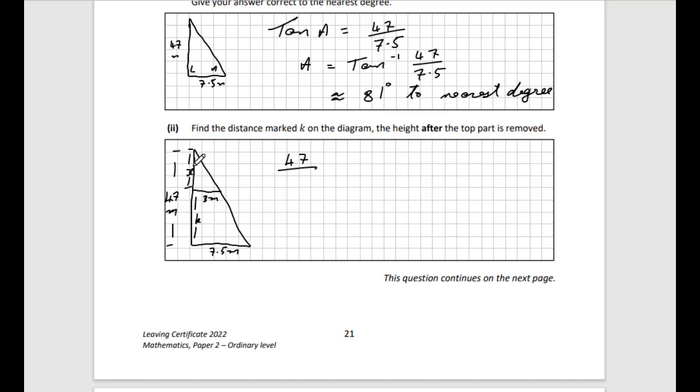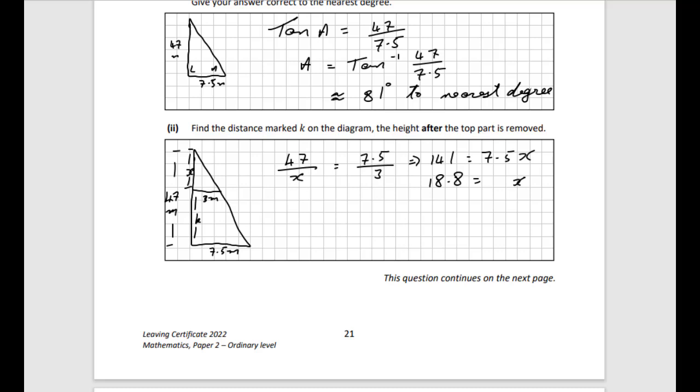They are similar triangles. So 47 over x is equal to 7.5 over 3. If you cross multiply, then you get 3 times 47, so that's 141, and that's equal to 7.5x. That'll give me x is equal to 141 divided by 7.5, that's 18.8.